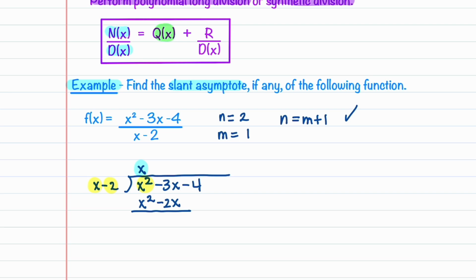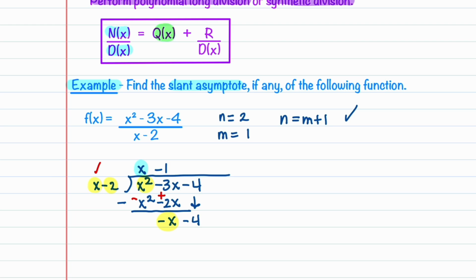Then what we're going to do is subtract. So our signs change. This becomes negative, this becomes positive, and we end up with minus 3x plus 2x, which is a minus x, and then this comes down, minus 4. Now we're going to do it again. We have to see what we have to multiply this x by to get minus x, and that's going to be negative 1, so we put a minus 1 up here.